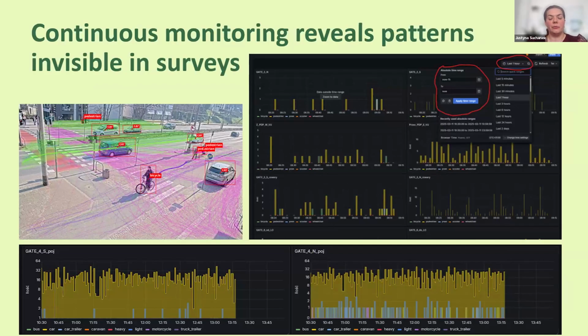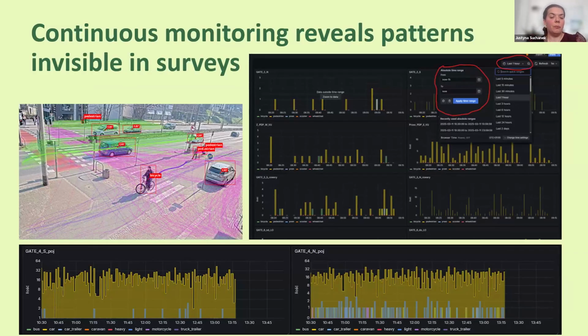We monitored continuously, and this changes how you understand mobility, because patterns shift during the day and also between days, and we can compare the data from the different periods. We know that it's very important.